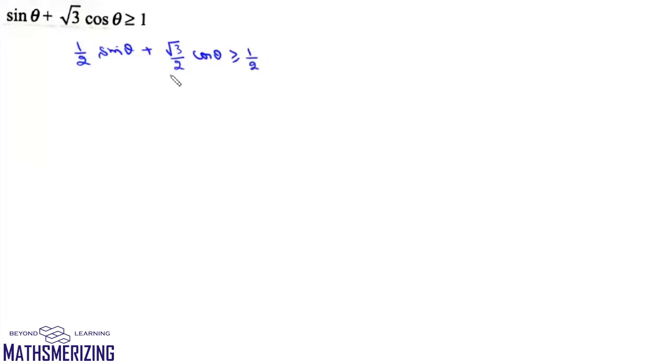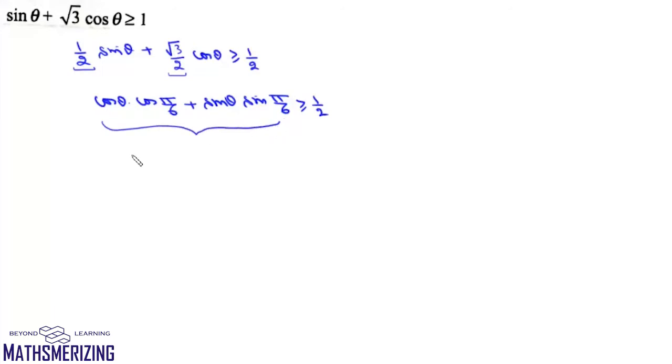Now we'll write root 3 by 2 as cos pi by 6 and 1 by 2 as sin pi by 6. So we'll write cos theta into cos pi by 6 plus sin theta into sin pi by 6, and this is greater than or equal to 1 by 2. Now this is cos a cos b plus sin a sin b, so it is cos of a minus b.